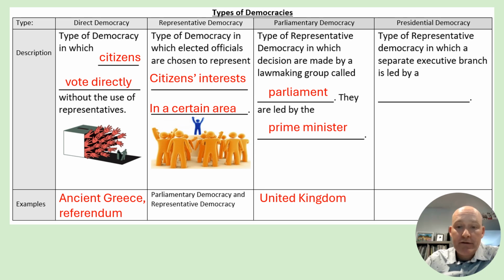An example of this is the United Kingdom. And then when we have something called a presidential democracy, there's a separate executive branch that's voted directly, and we have a president. Okay, and the United States is an example of that presidential democracy.